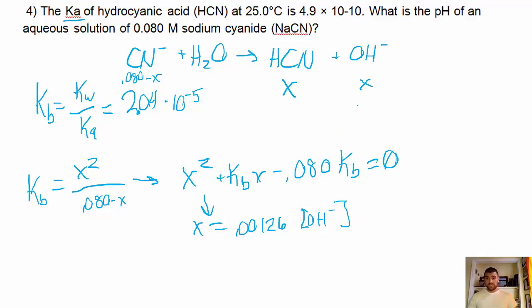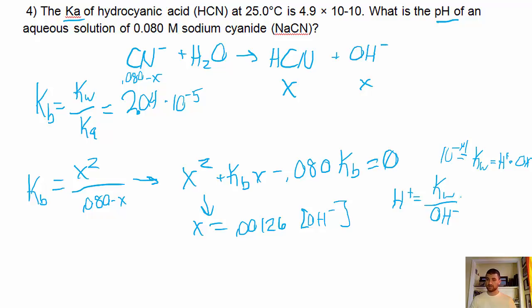So again, they want the pH. I got the OH minus, so there's two ways you can do this. You can do 14 minus the pOH, or you can figure out what my H plus is, which is the way I'm going to do it arbitrarily. Both ways work. H plus has to equal Kw over OH minus, because Kw equals H plus times OH minus, which always equals 10 to the minus 14.